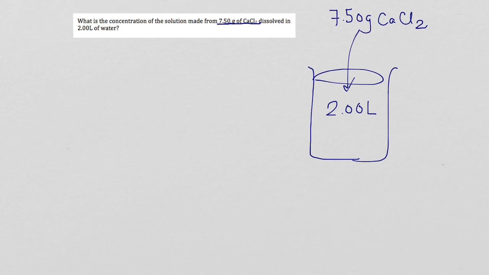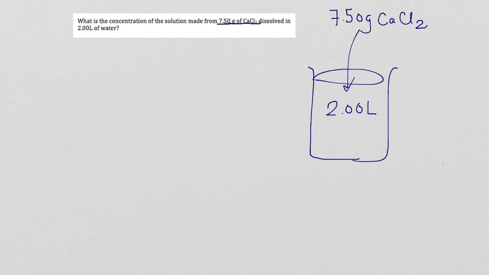So you would think that adding this many grams of calcium chloride would increase the volume of the solution, making it something like maybe 2 liters and 3 mL. But actually it doesn't change the volume of solution. So even though they said 2 liters of water, you can pretty much take it as 2 liters of solution.